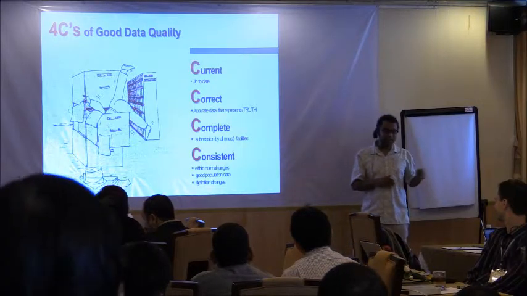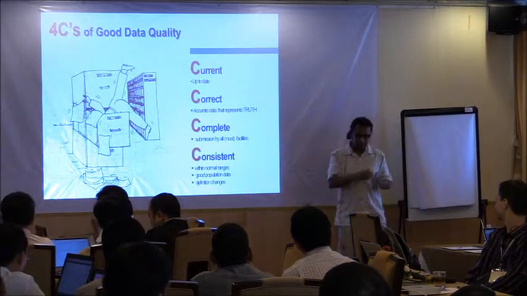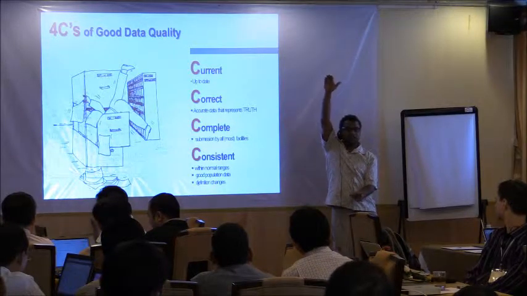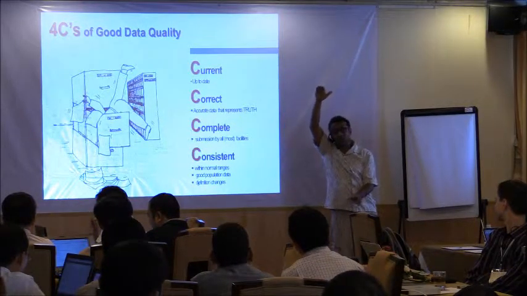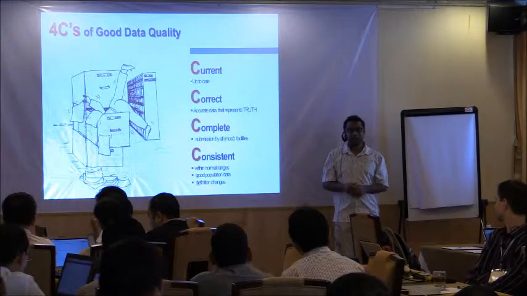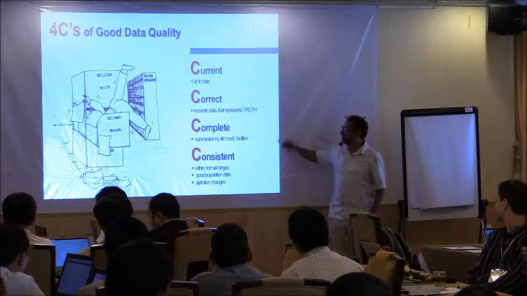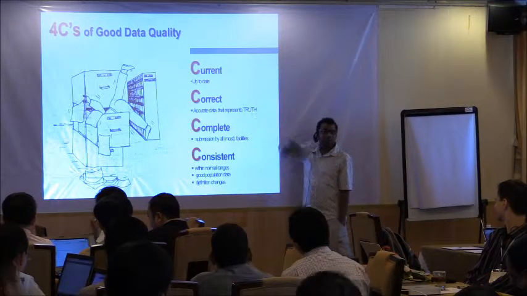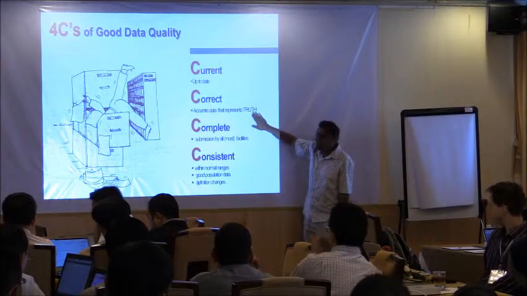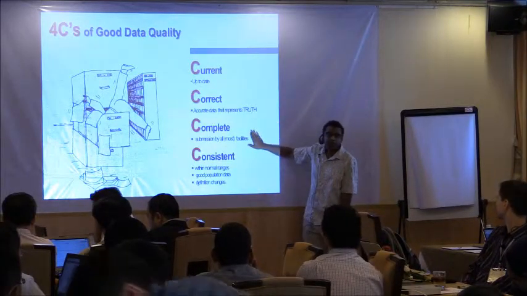When we were looking at this particular province, it was just wow. It was in only one quarter, and that province and district didn't really have that much population either. So when we look at the data, we have to see whether it is current, whether it is correct, whether it is complete.